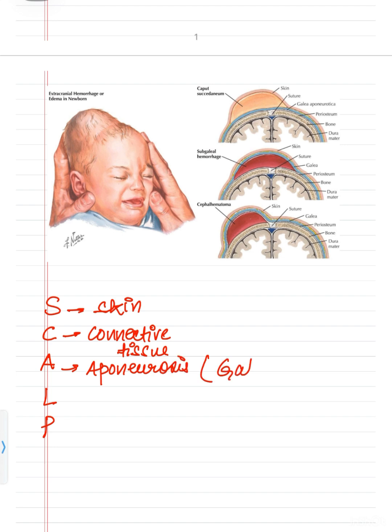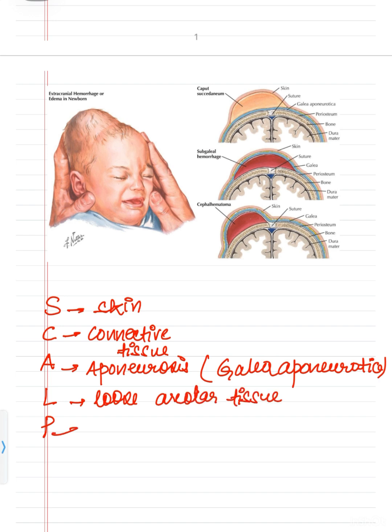This is the galea aponeurotica, the aponeurosis of the occipitofrontalis muscle. Then we have the loose areolar tissue, and then we have the pericranium, or the periosteum of the skull bone.